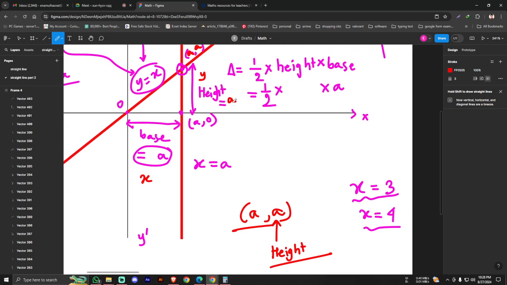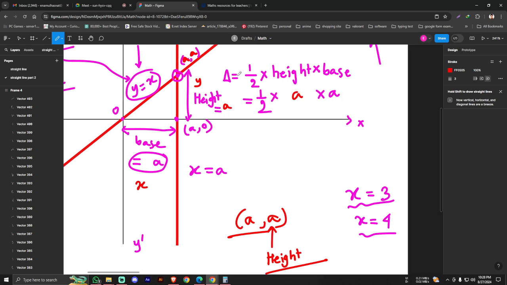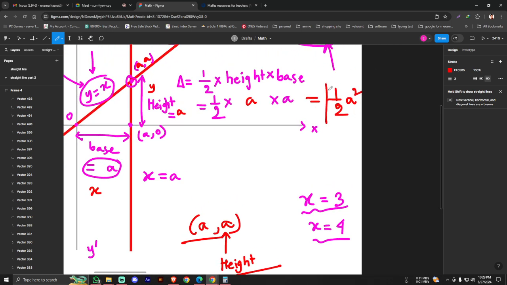If you place the y value here, which is a, we'll get the formula for our triangle's area. Height is a and base is a, so we get half a squared, since a into a is a squared. So this is the formula for the triangle's area.